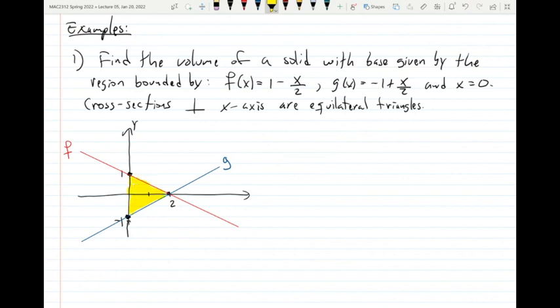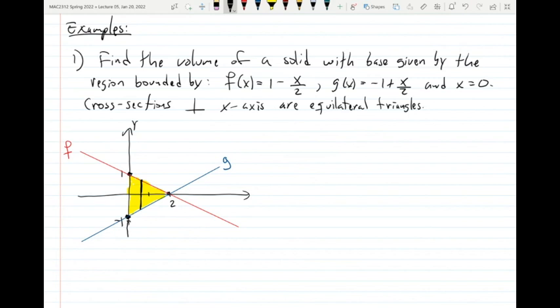That's the base of our solid, and we're being told that the cross section taken perpendicular to the x-axis, meaning we're making the cut like this, is an equilateral triangle. You understand this? Now here we're seeing the two-dimensional picture, so this is the base of the solid. You have to imagine the solid as coming out of the board, out of the screen.